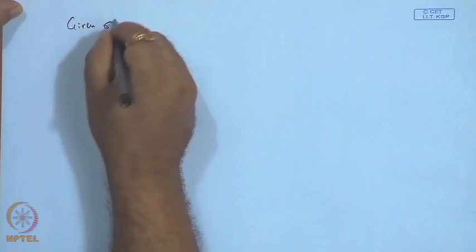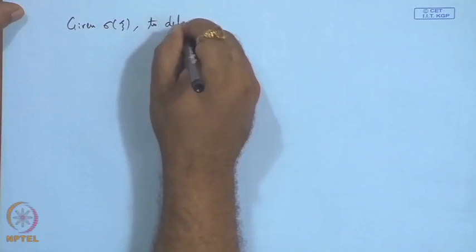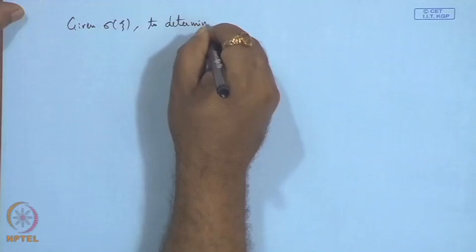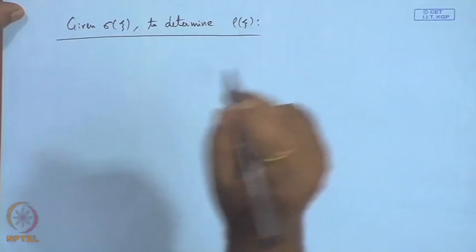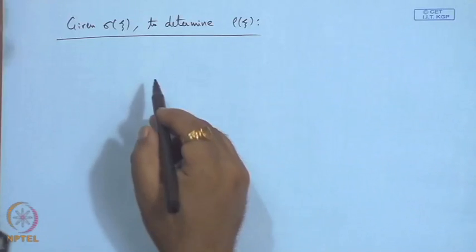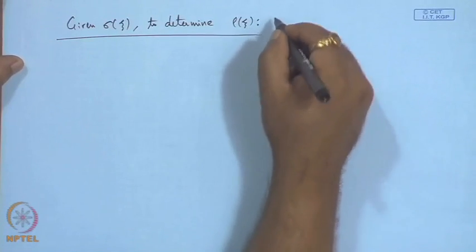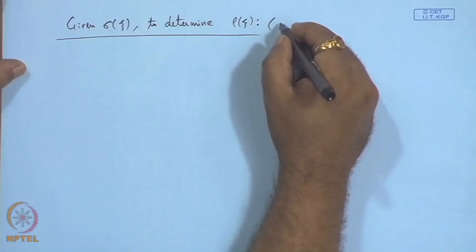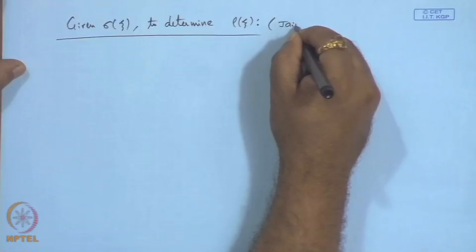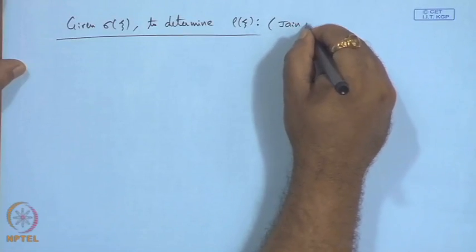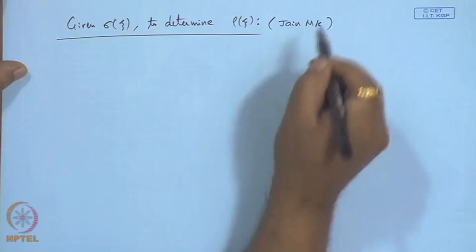So, given this, how do we determine sigma? Okay. So, one may also refer to the numerical solutions book by Jain. Okay. So, to know a lot of examples.